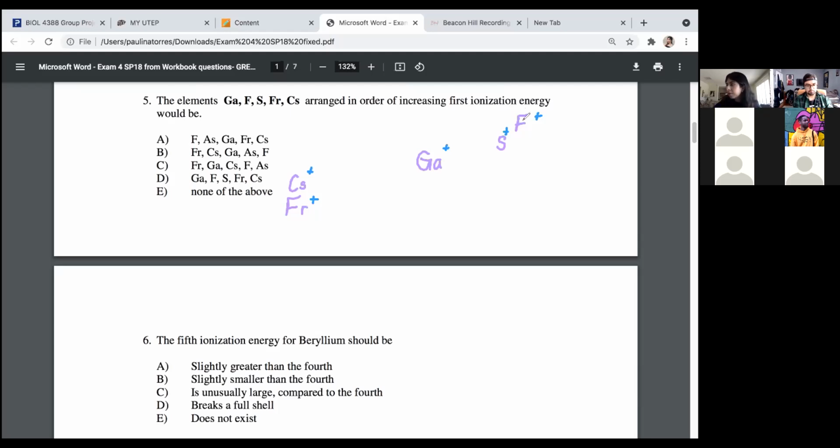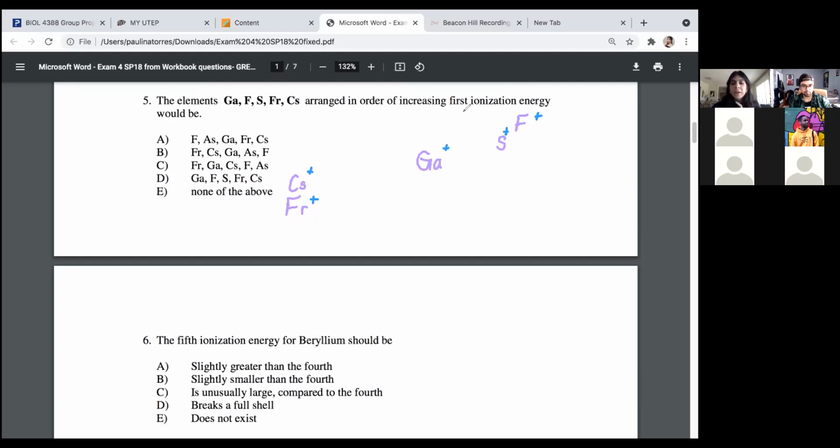But fluorine over here, if it loses an electron, it just becomes like oxygen, and that moves it further away from noble gas configuration. So it's like, heck no, you better not take an electron away from me. I want to keep all my electrons. So the energy it takes to remove an electron from fluorine, do you think it's going to be higher or lower than cesium and francium? Higher. A lot higher, right?